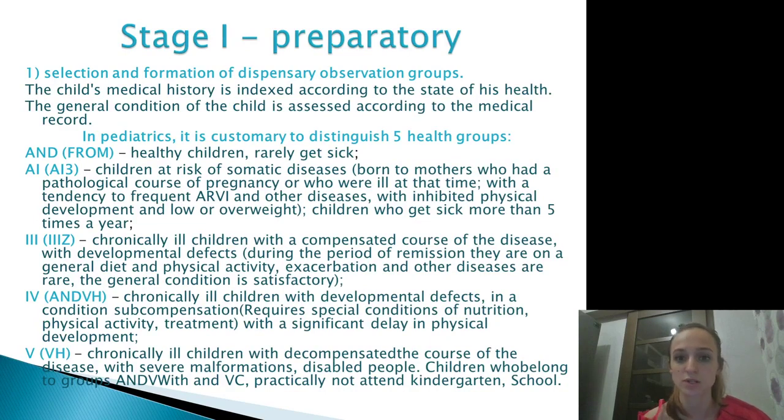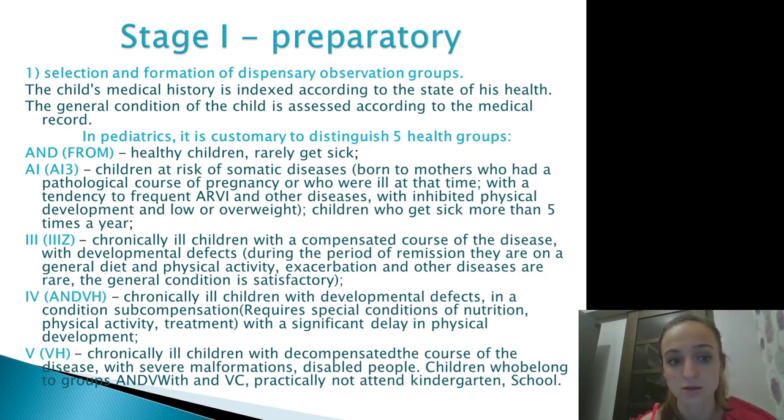Stage first, it is selection and formation of dispensary observation groups. The child's medical history is indexed according to the state of his health. The general condition of the child is assessed according to the medical record. In pediatrics, it is customary to distinguish 5 health groups.